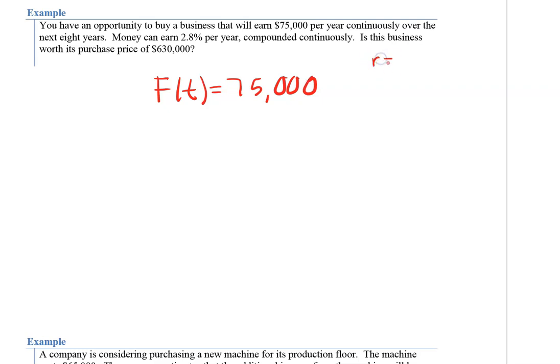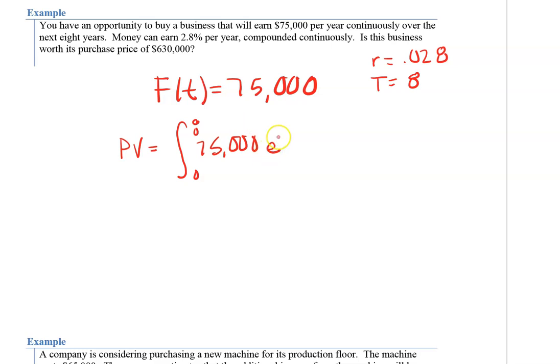So my rate is going to be equal to 0.028, changing it to a decimal, and my time, where we use a capital T, is 8 for 8 years. So the present value would be equal to the integral from 0 to 8 of 75,000 e to the negative 0.028 t dt.